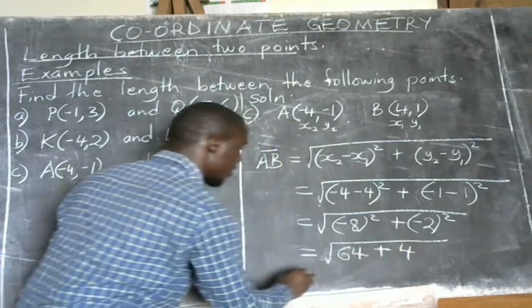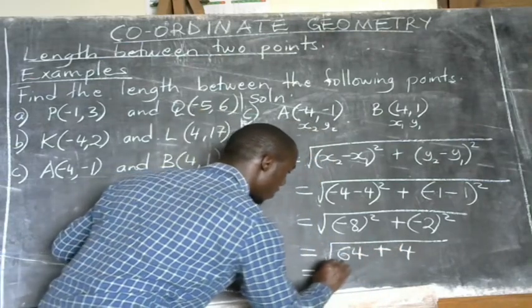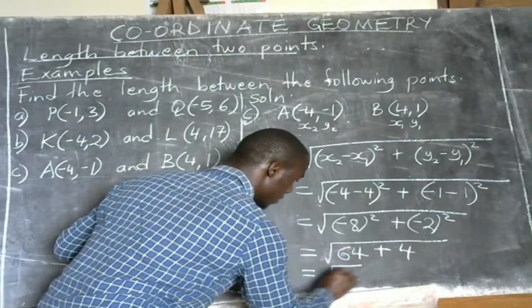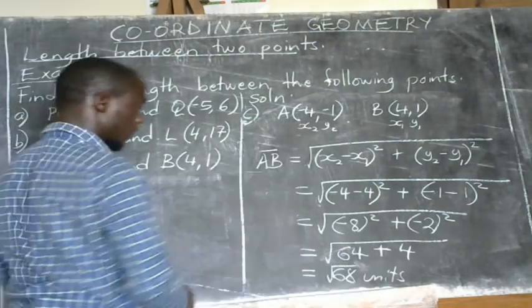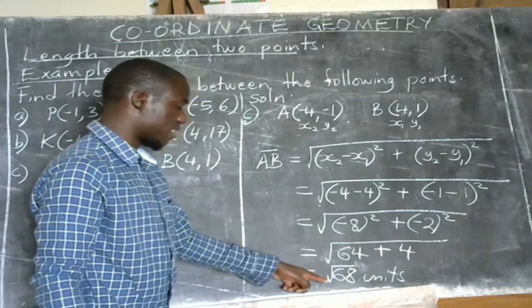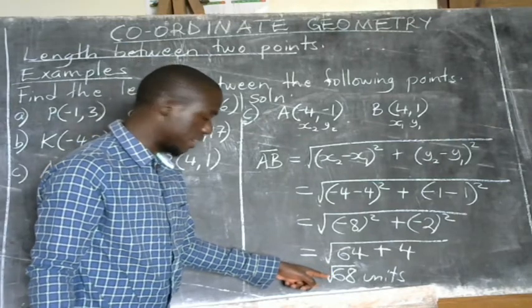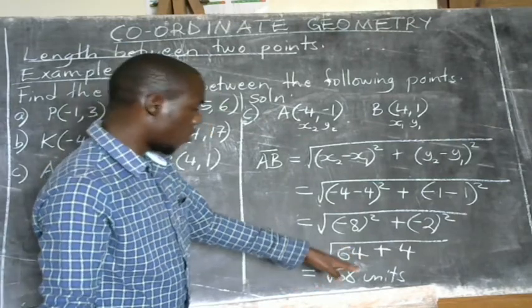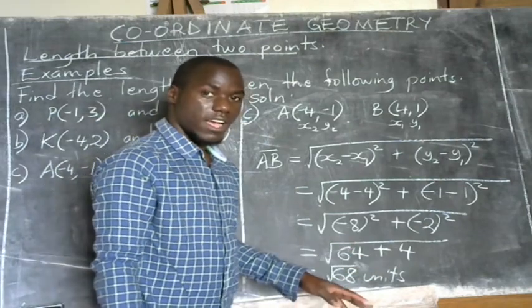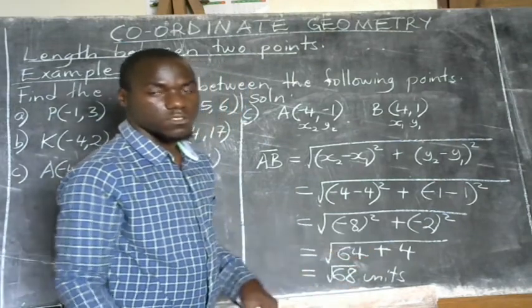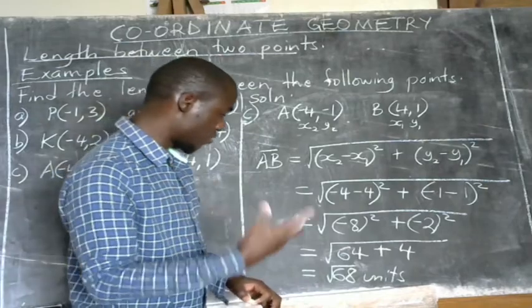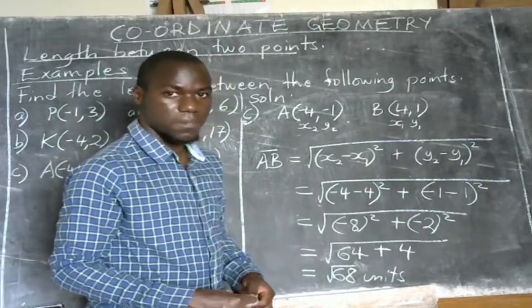So when I add the two, I'll be having the square root of 68. I can leave the answer as the square root of 68, or I use the calculator and write the answer to at least 2 decimal places.